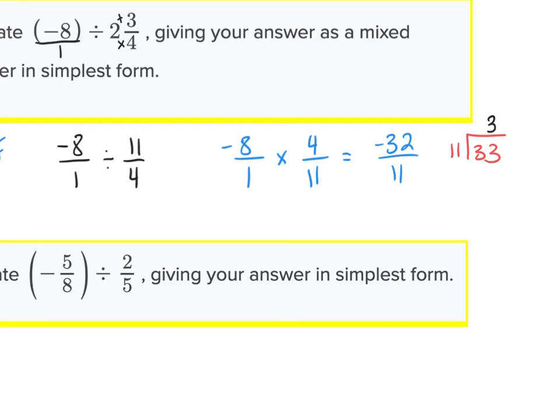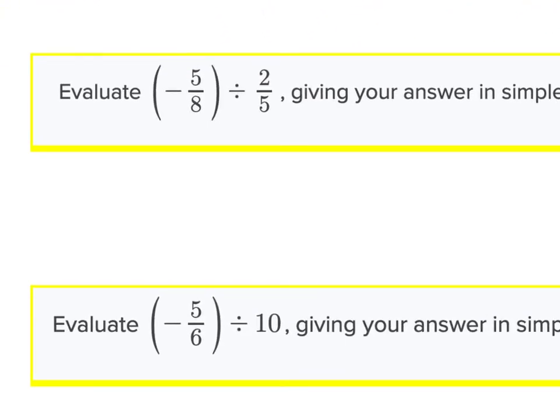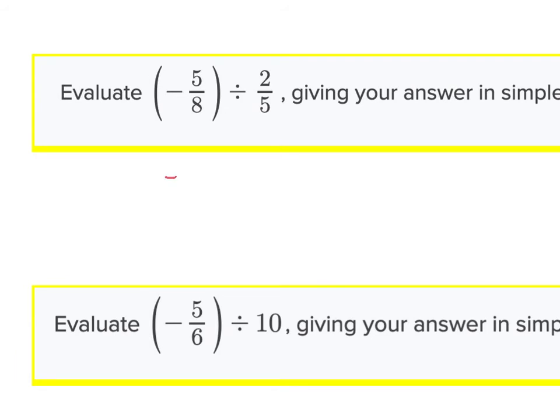It's not 33, it's supposed to be 32. Let me fix that there. So it goes in 2 times. And we're left with 10 11ths. Don't forget your negative. Okay, let's check the next one.